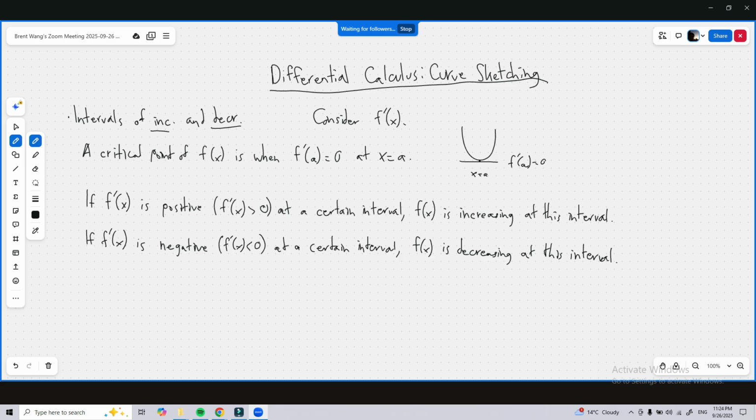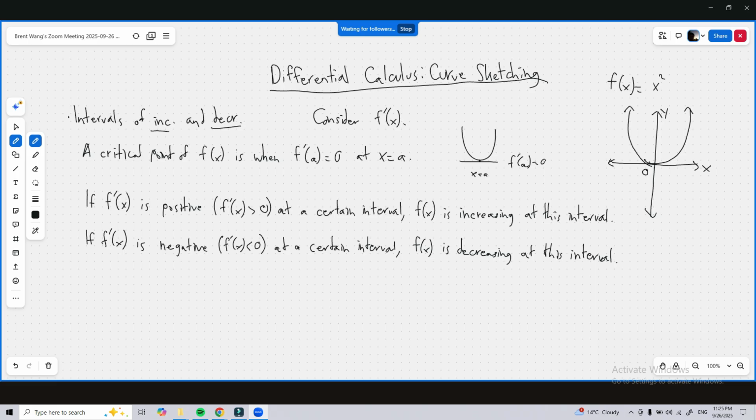An example I can give you is f of x equals x squared. This is super easy. I choose super easy ones right now because I don't want to make things complicated so you guys get confused while you're learning the fundamentals.